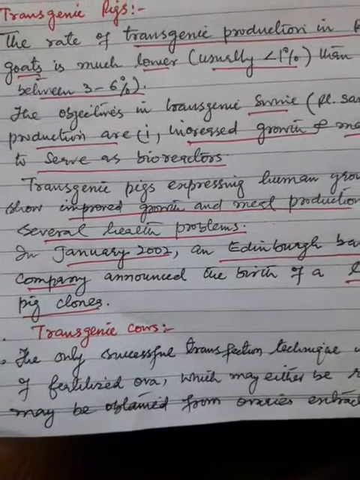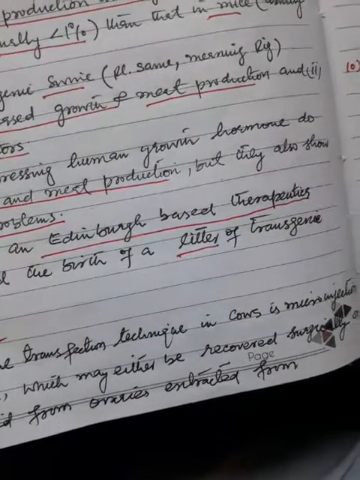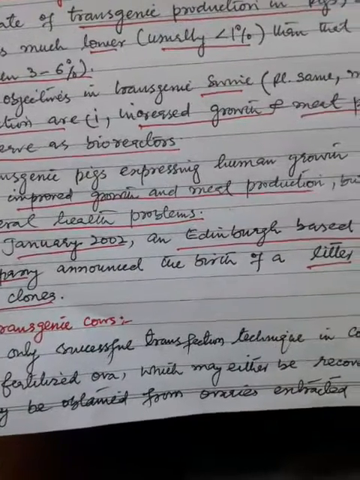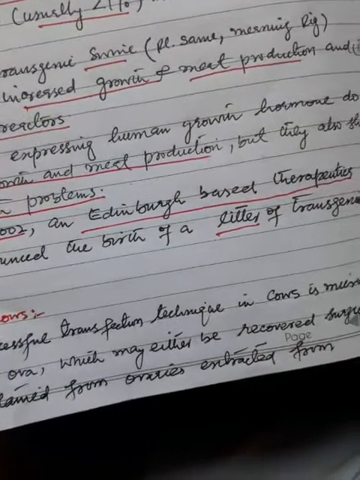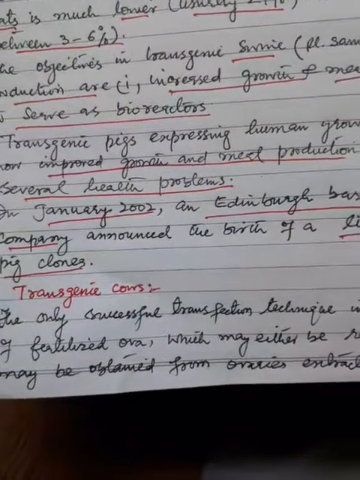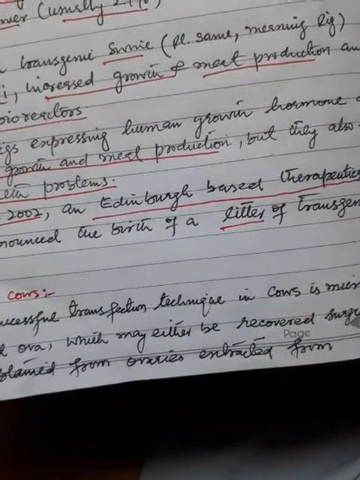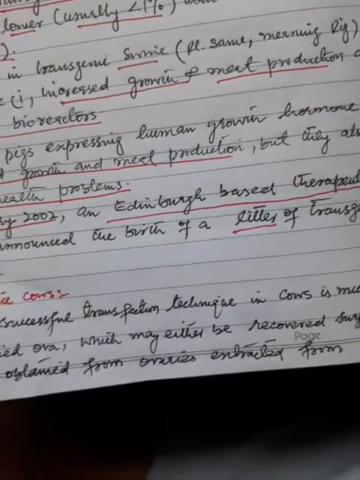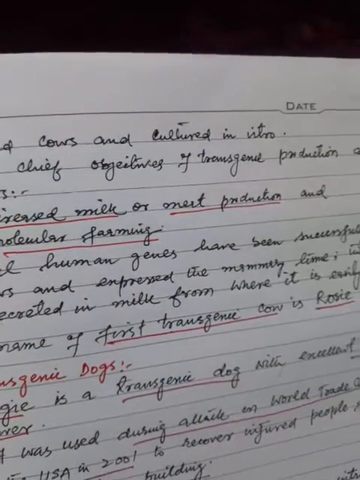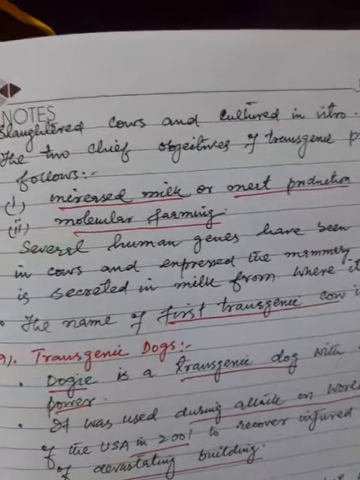Now, transgenic cows. The only successful transfection technique in cows is microinjection of fertilized ova, which may either be recovered surgically or may be obtained from ovaries extracted from slaughtered cows and cultured in vitro. The two chief objectives of transgenic production are as follows.